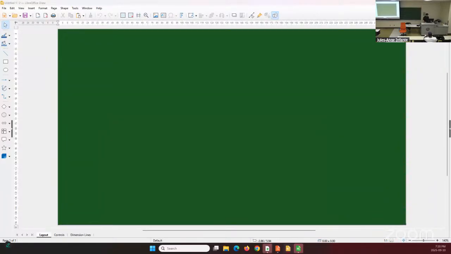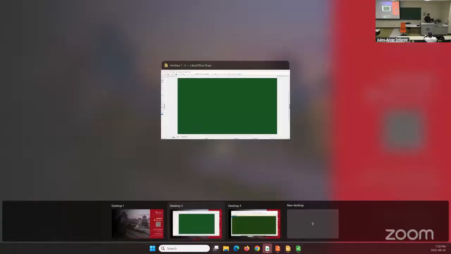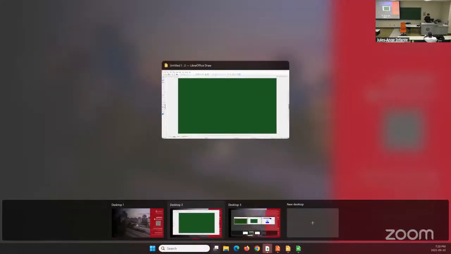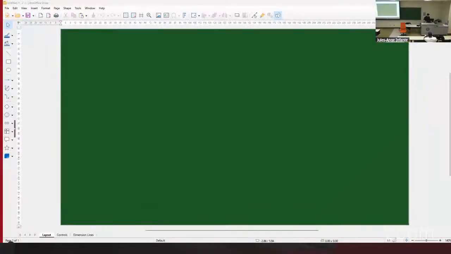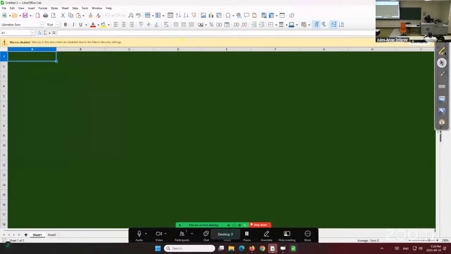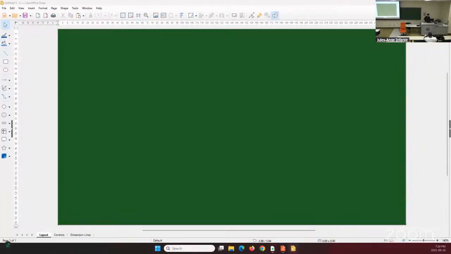That way it will be recorded for everyone. It's not the most convenient, but it works. And if we need to work on spreadsheets, I don't think we will today, but we'll have this other one. So open board, and perfect.